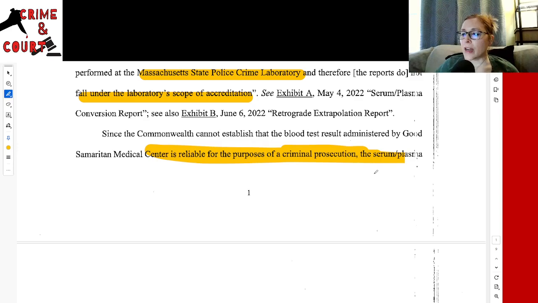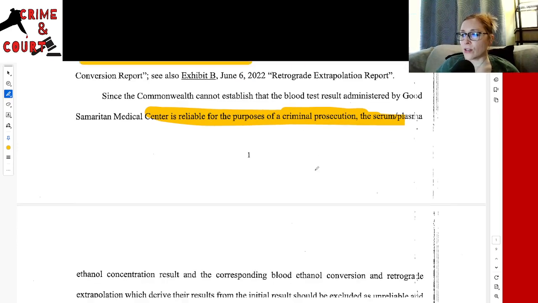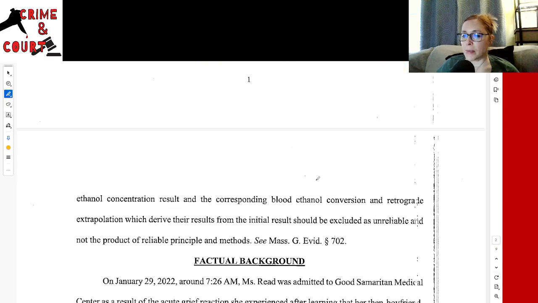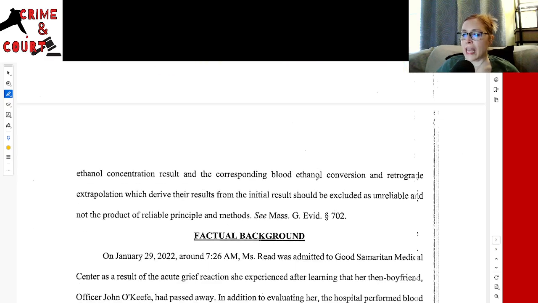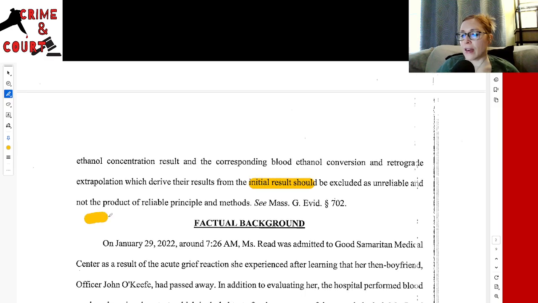Since it's not reliable for the purposes of criminal prosecution, the serum/plasma ethanol concentration result and the corresponding blood ethanol conversion and retrograde extrapolation, which derived their results from the initial results, should be excluded as unreliable and not the product of the principle and methods.